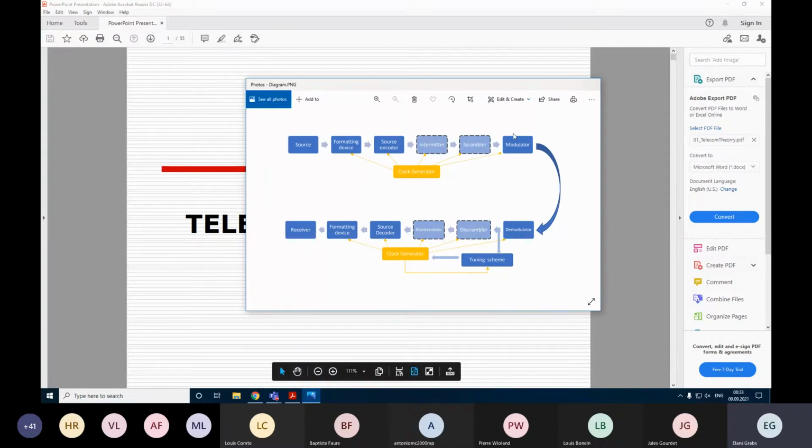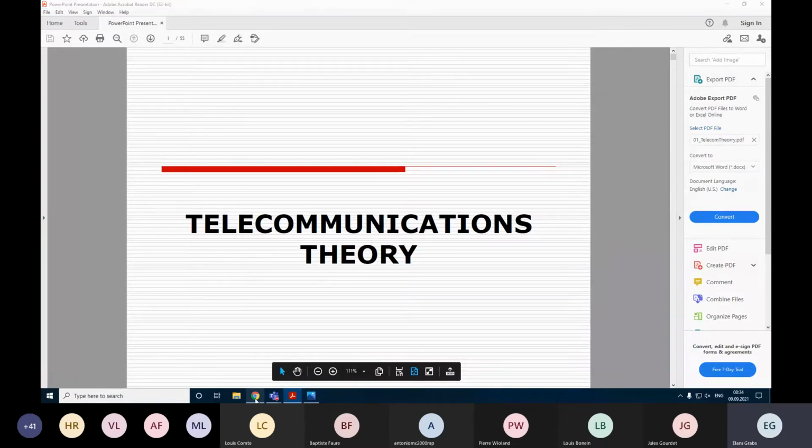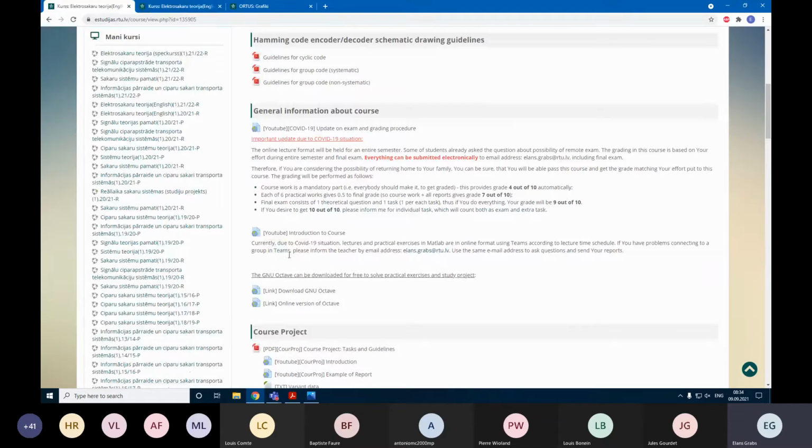So we will have this diagram discussed today. By the way, this is actually the diagram which will be the first task of your course project. Basically, I can show you the course project, as we have it open from the previous year.